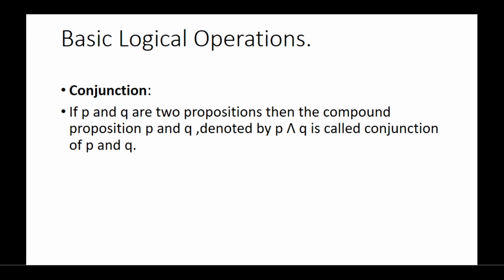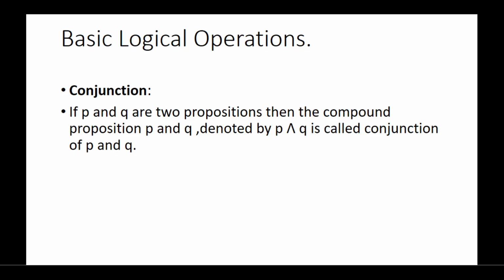By applying the connective, we get: Mohan is intelligent and Gopal is a good swimmer. Here the two propositions are connected by the logical connective and, and we call this a compound proposition.